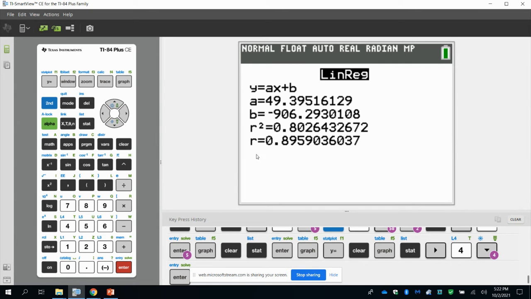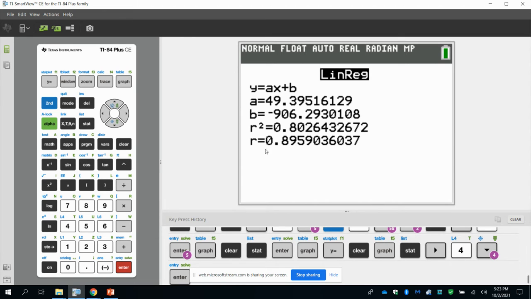And then you will see y equals ax plus b, in this form of linear function, and then a equals this number, b equals this number. R square is another statistic we do not use in this class. R is the correlation coefficient. R value is from -1 to +1, it cannot be less than -1, cannot be more than +1.